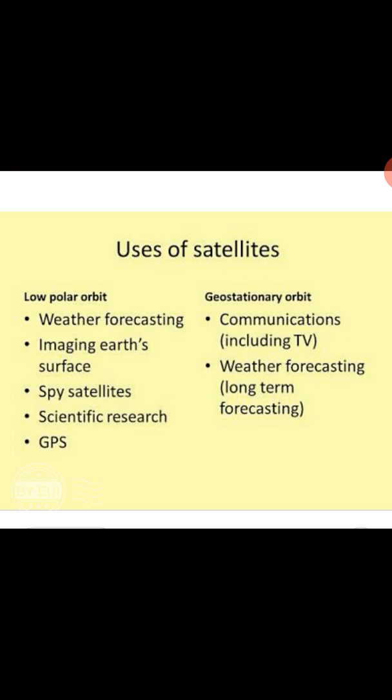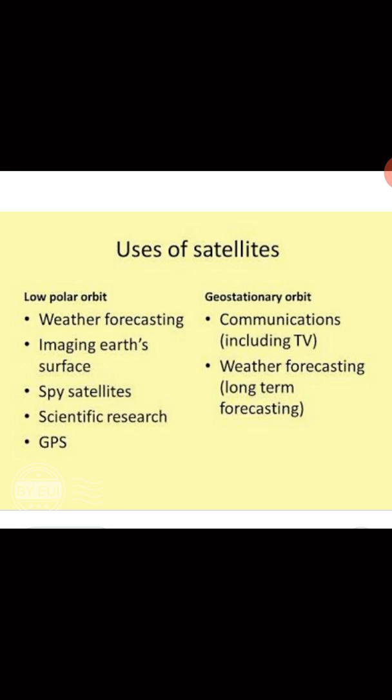They are also placed at medium height above the earth, which are called medium polar orbit satellites. And the other type of polar satellites is higher polar orbit satellites, which are placed at a particular height above the earth's surface. So depending upon the application, the polar satellites are placed above the earth.